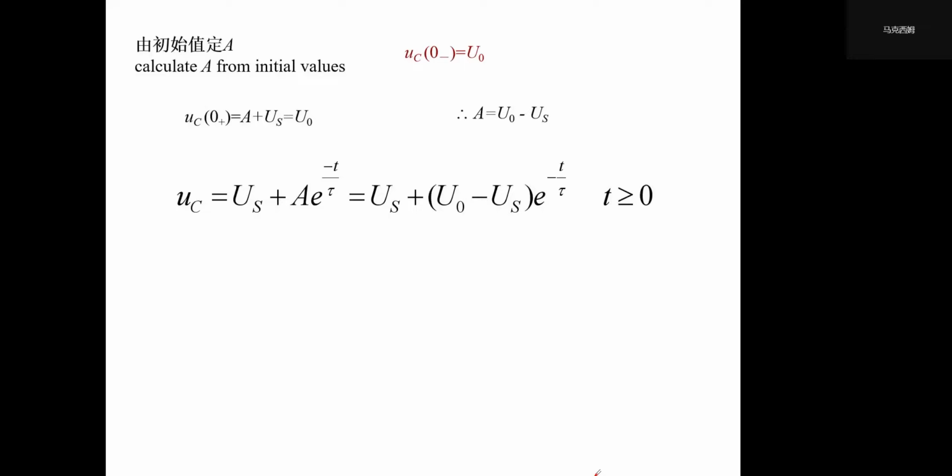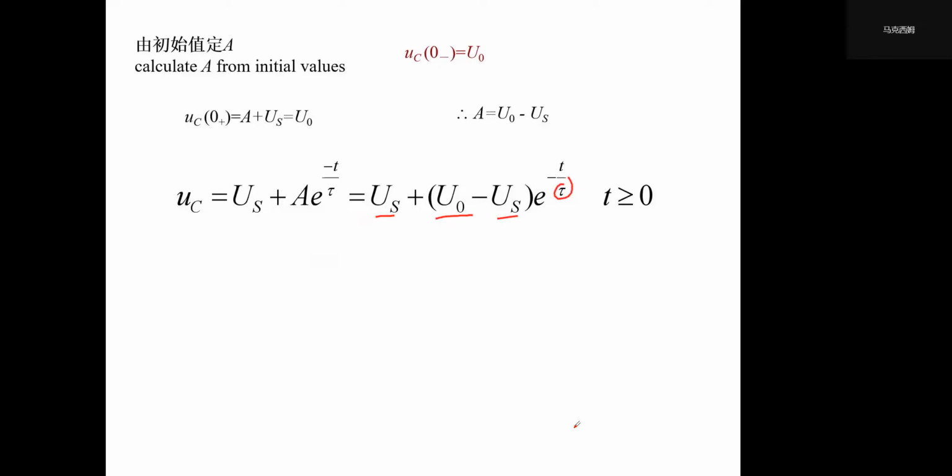So once we have this kind of problem, we just calculate the corresponding tau, and we calculate the corresponding U0 and US, and we just put them in. Then we'll have the final conclusion.